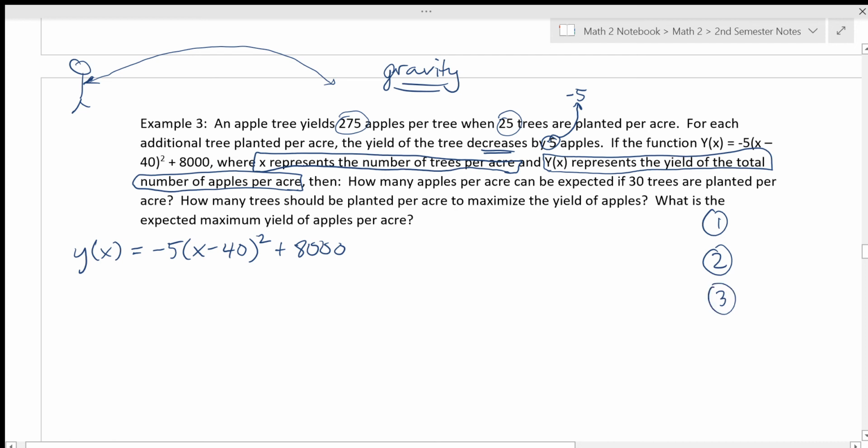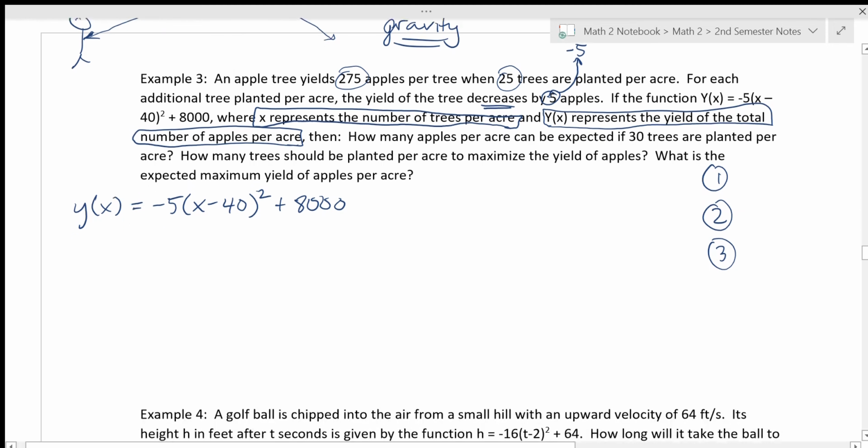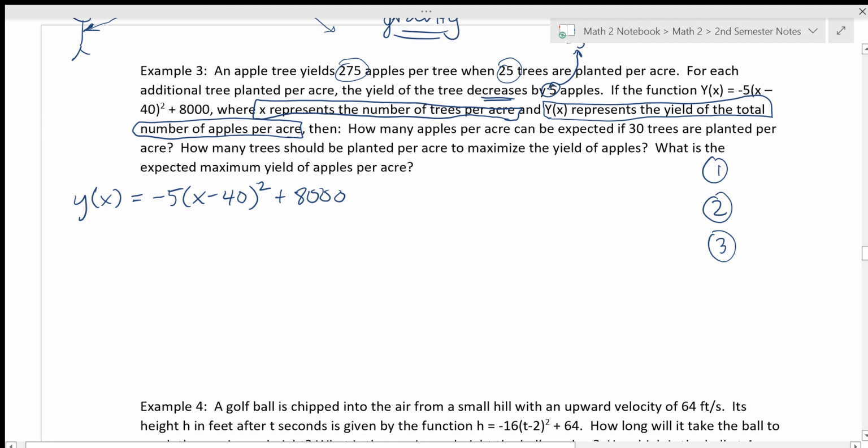Okay. So first thing first is we know this is a quadratic function, right? It's got a negative a value. So I'm thinking if I were to graph my yield of apples per acre, then my graph would go something like this, right?